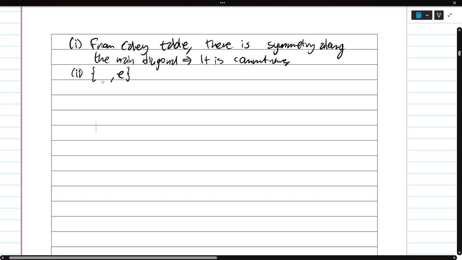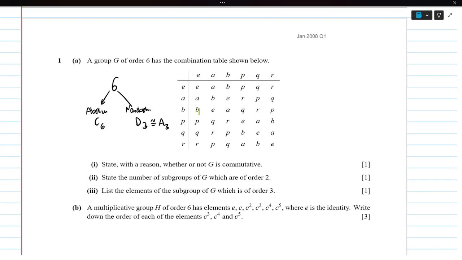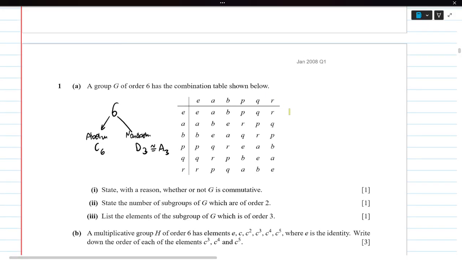Oh, actually, Q. Yes, I'm actually an idiot. You can tell from the Cayley table immediately that, yes, it's bad. Q is a self-inverse because, is that Q?